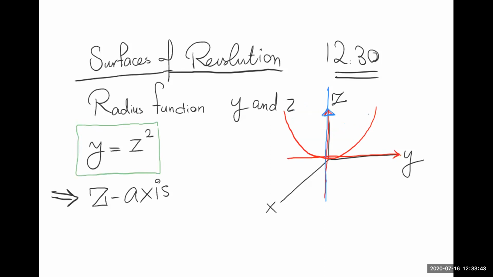Look at the points when you revolve something around the z-axis. There are some points which this thing would sweep. It would be something like this. That would be the surface. We call that the surface of revolution of this function, y equals z squared, about the z-axis.